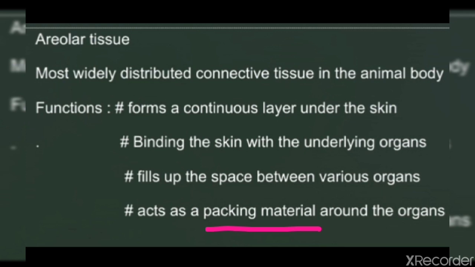So the shopkeeper fills that space with newspaper or something else to protect it from getting damaged. Clear? So that newspaper acts as a packing material around the glasses. In the same way, areolar tissue also acts as a packing material around the organs.